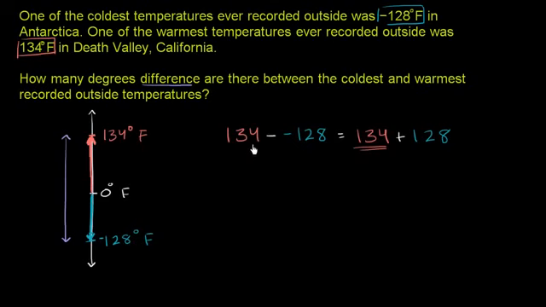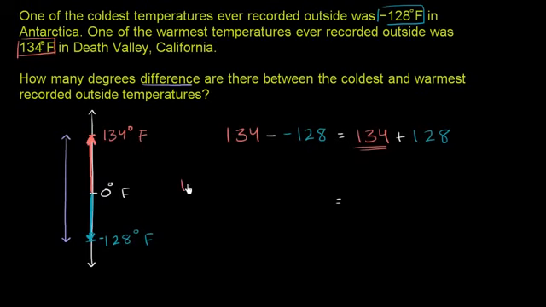This way, you're thinking of what's the difference between a larger number and a smaller number. But since the smaller number is negative, you're subtracting a negative, and it's the same thing as adding the positive. And hopefully this gives you a little bit of that intuition. But needless to say, we can now figure out what it's going to be. Let me figure this out separately over here.